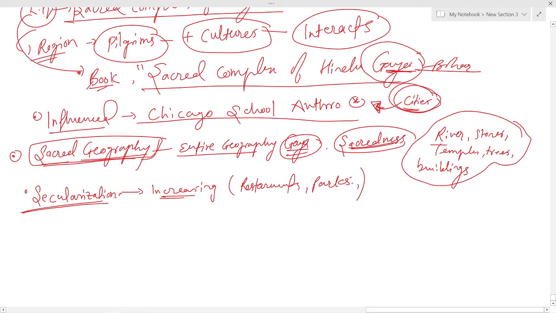So now this secularization has decreased the area of sacred geography, and sacred geography basically reflects the continuity between greater tradition and little tradition.